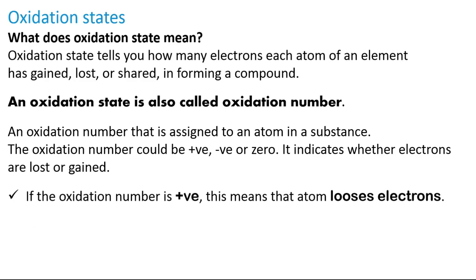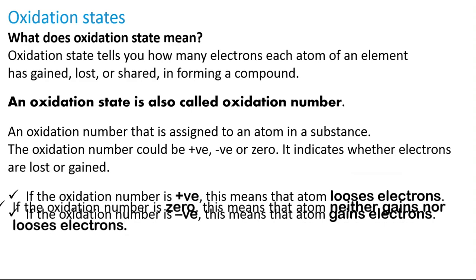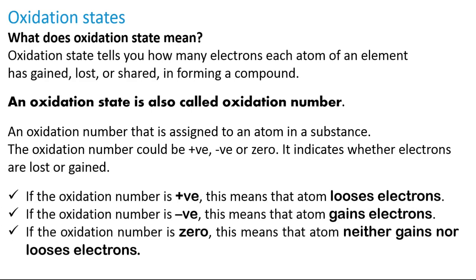If the oxidation number is positive, this means that atom loses electrons. If the oxidation state is negative, this means that atom gains electrons. If oxidation state is 0, this means that atom neither gains nor loses electrons.